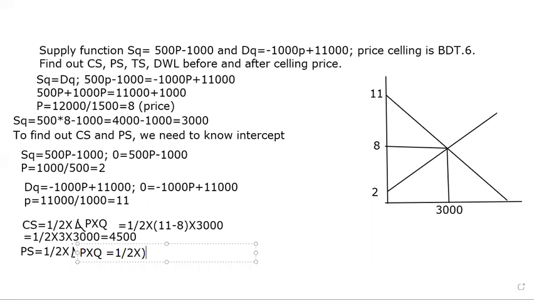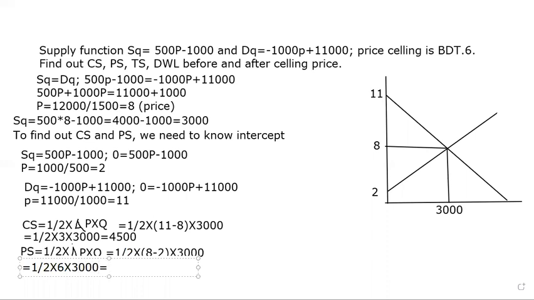Now the difference, 8 minus 2, is equal to 1 by 2 cross 6, whatever the value will be put here, then 3000.